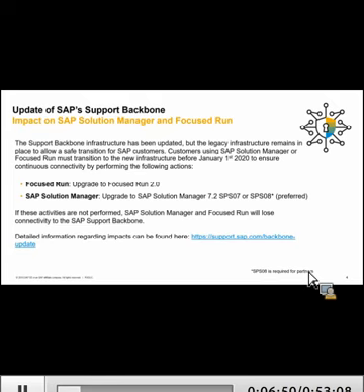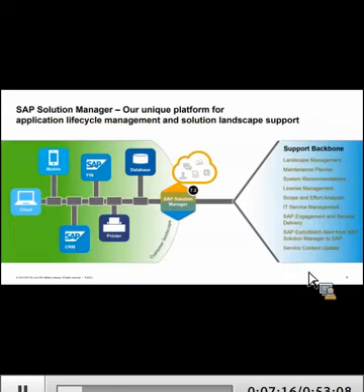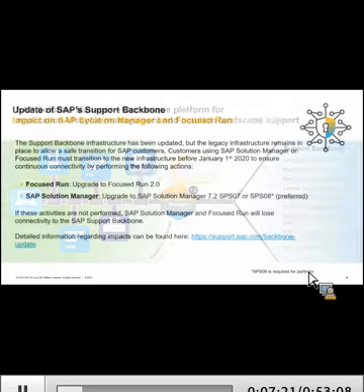That's the first message, and you need to do it before January 1st, 2020. If you're using SAP Solution Manager, which many customers do, and since you are part of the Solution Manager Special Interest Group you must be using it, then you need to consider upgrading your Solution Manager to 7.2, Service Pack 7 or Service Pack 8. Of course, SP8 is preferred, but you need to be on at least these levels if you wish to continue using the functionalities on this slide.